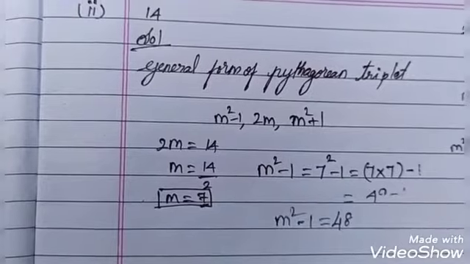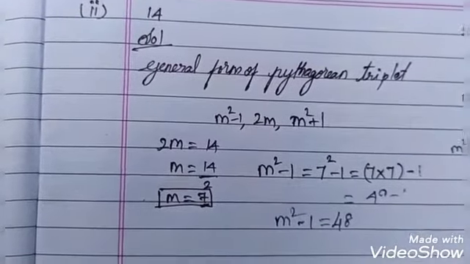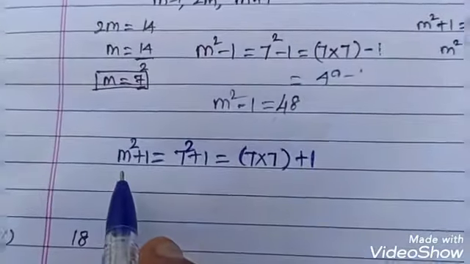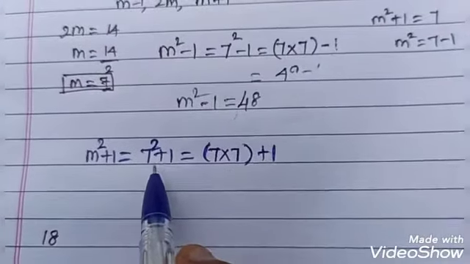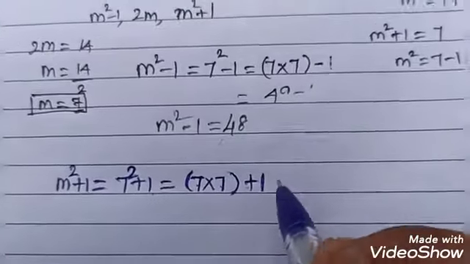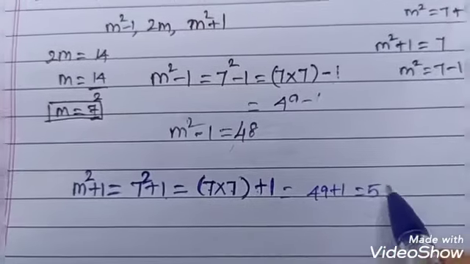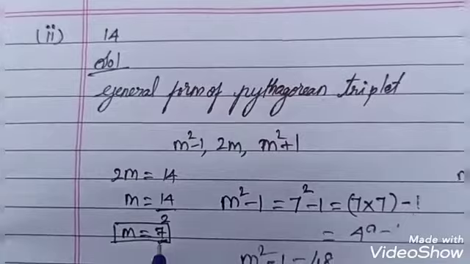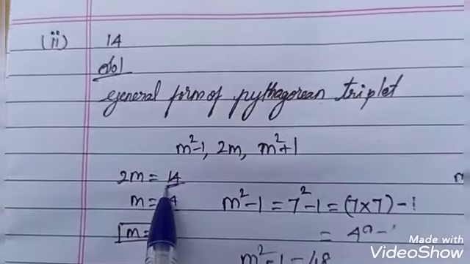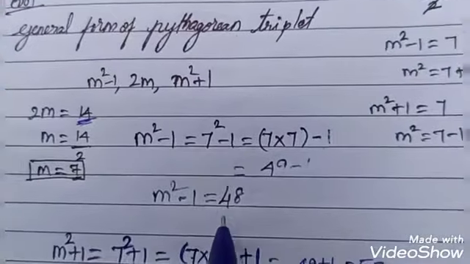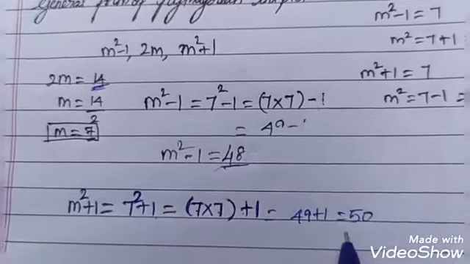Okay, next we need to find m square plus 1. Same format: 7 square plus 1, 7 into 7 plus 1, which is 49 plus 1 equal to 50. So in the given question, 14 is one of the Pythagorean triplet, the second number is 48 and this one is 50.